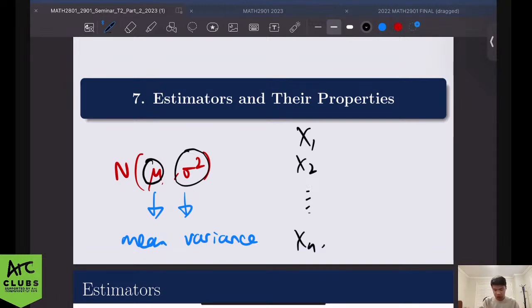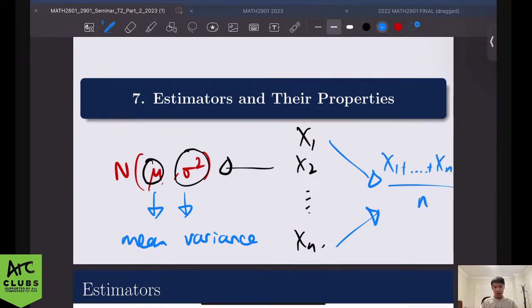We have a bunch of variables that follow the distributions. And so given n realizations of this random variable, how can we map that to something? One simple example is a mean, right? So if you take the mean of these random variables, then intuitively that should somewhat resemble this number mu over here. So that would be one example of an estimator.